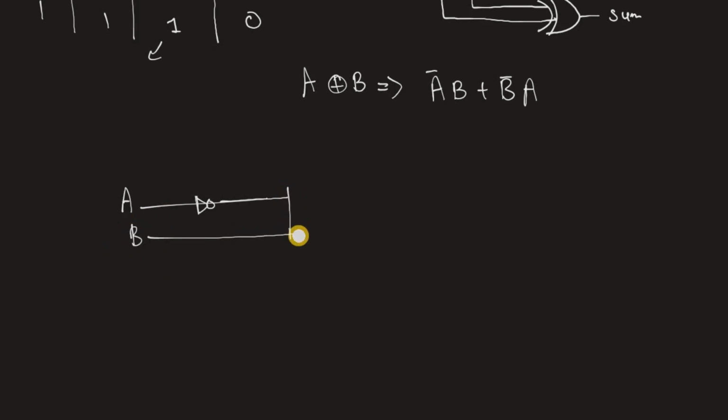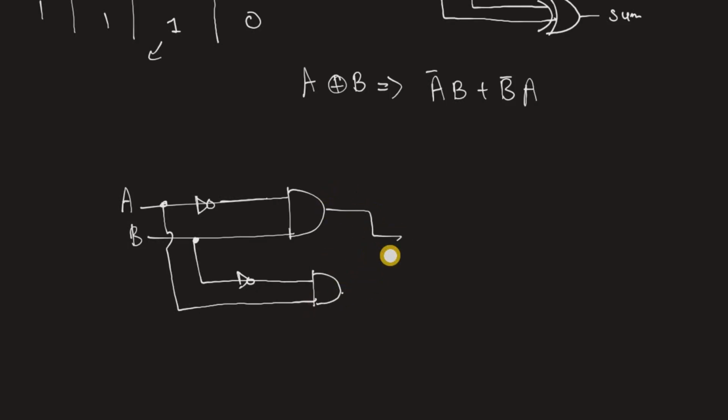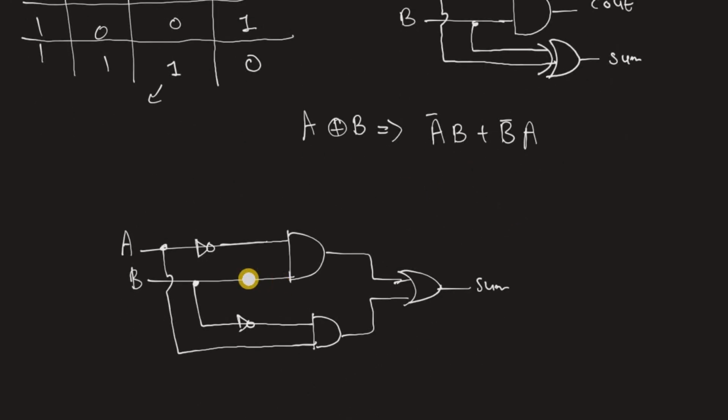Then we have NOT B, so we take the B and pass a NOT gate in front of it, and then we have an A, and combine them using the AND gate. Then these two can be combined using the OR gate. So this is how you make the sum for the exclusive OR.